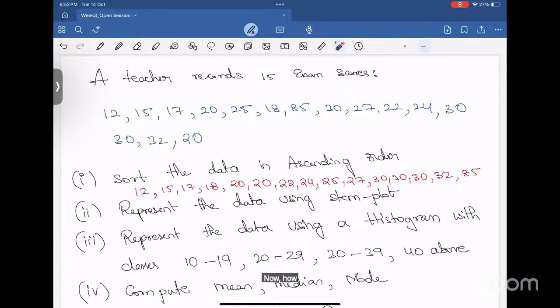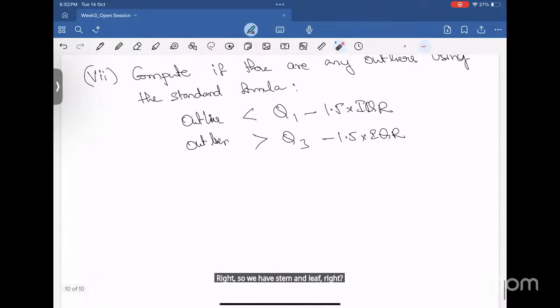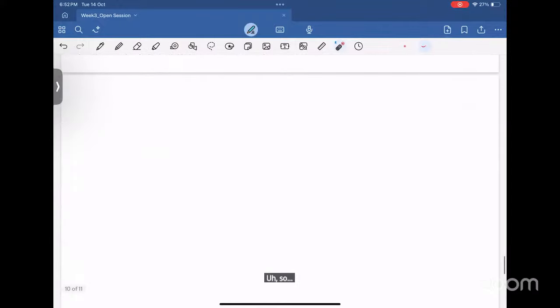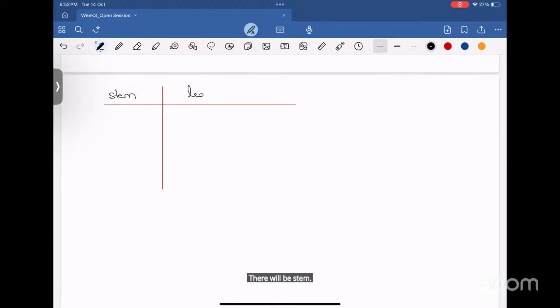Now, how do I represent this data using the stem plot? So what is stem plot? We have stem and leaf, right? Yes, sir. So there will be stem, and this is leaf.